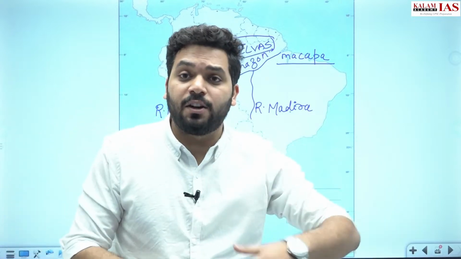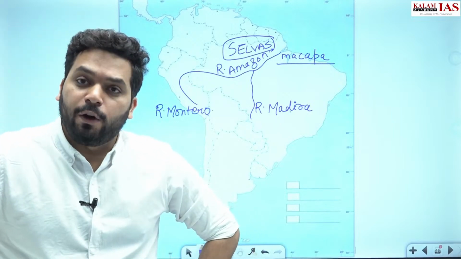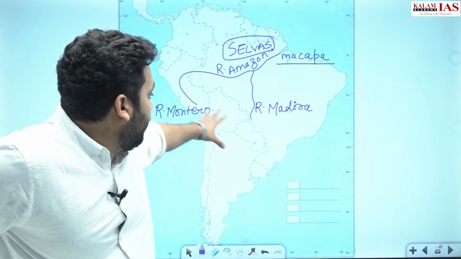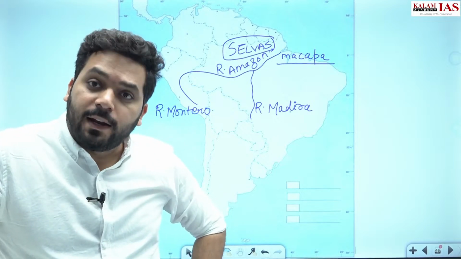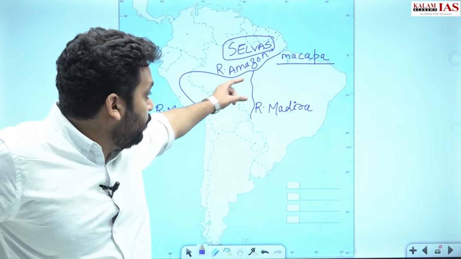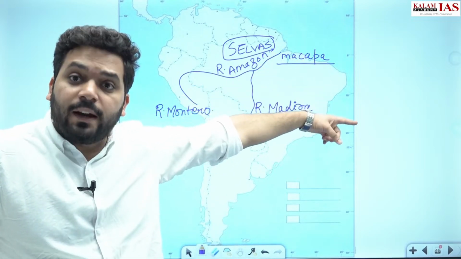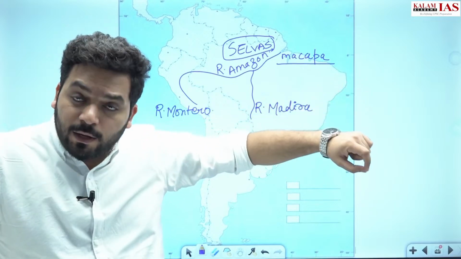The longest is the Nile. It is the second longest river in the world. It originates somewhere near Peru, from the Andes, with the name River Montero. Then it flows and drains into the Atlantic Ocean, near the equator.